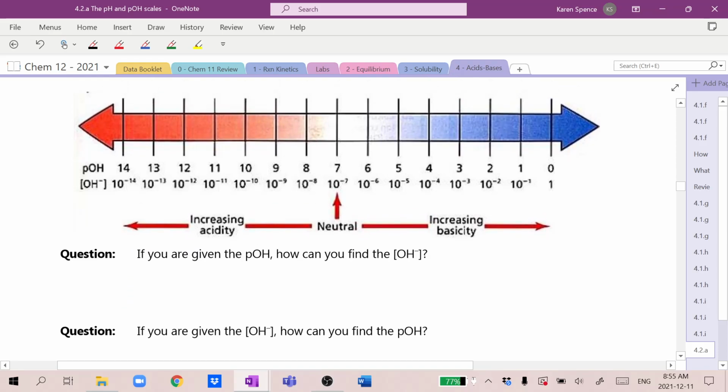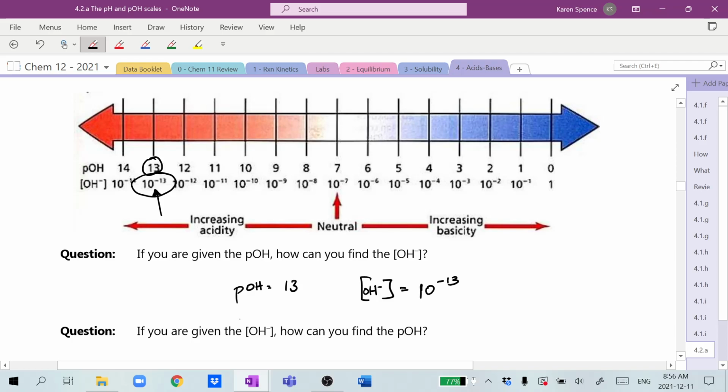All right, and now if you are given the pOH, here's our pOH, 13, let's say, how can you find the concentration of OH? Well, this is really similar, yes? If the pOH is 13, then my concentration of hydroxide is 10 to the negative 13.